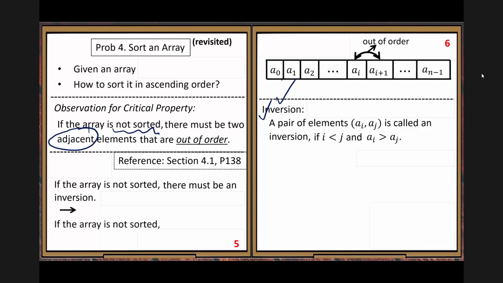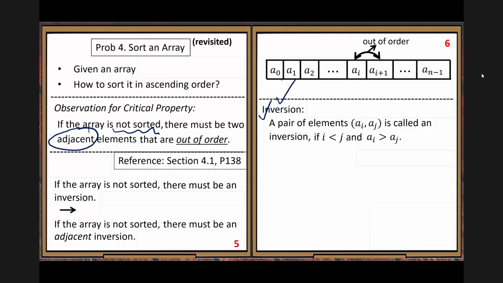Then another version: if the array is not sorted, then there must be an adjacent inversion. This time we add the word adjacent. It has the same meaning we already discussed. In this version we only change the wording using the inversion name.